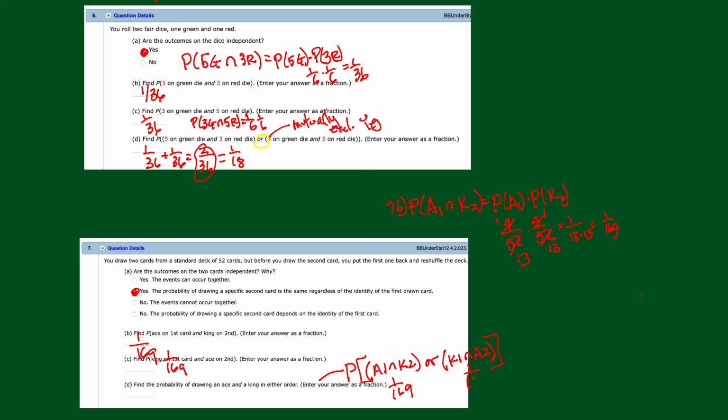This one was 1 over 169, and I've got an OR. They are mutually exclusive because if you get an ace on the first and a king on the second, you can't at the same time get a king on the first and an ace on the second. So I'm going to add these together. So I get 2 over 169. So I'm going to claim that, 2 over 169.